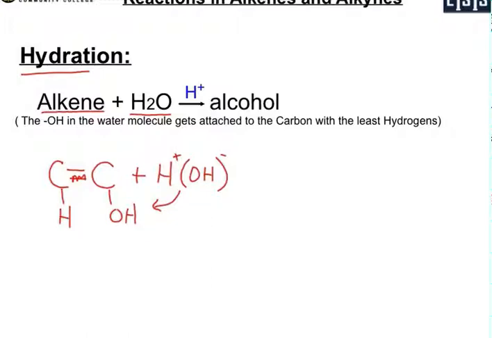And the rule here to know which carbon gets the OH is that the carbon with the least hydrogens to begin with is the one that's going to get the OH. I'll show an example of that to clarify how that goes. But because you have a choice of carbons, you'll have to look at the molecule before you do the reaction to identify which one gets the OH.